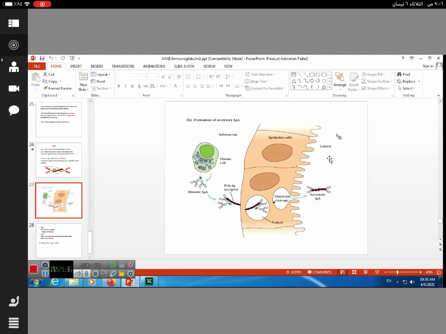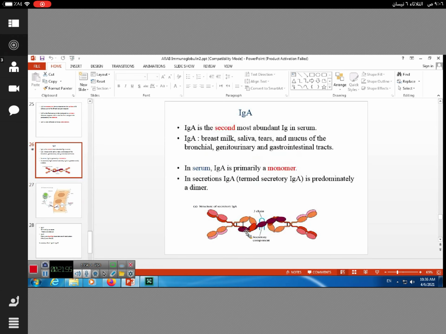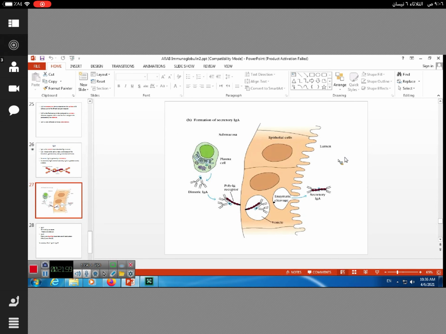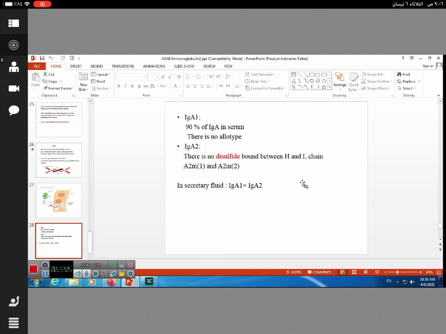In the lumen, there are so many bacteria, and many of these may be pathogenic and produce different types of enzymes. The secretory component protects IgA structure against these enzymes.